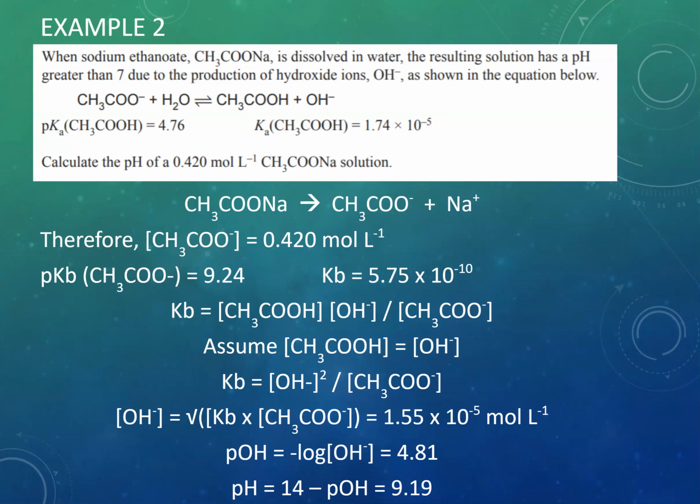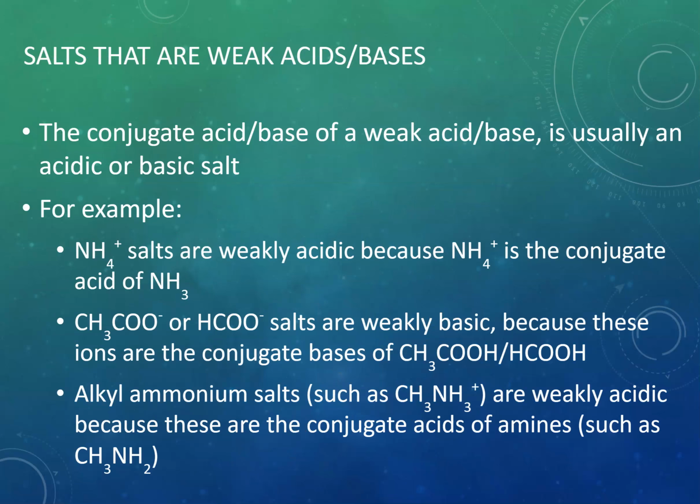Okay, so just one final little note. Quite often, as in the example just provided, there will be a salt. It might be ammonium chloride or sodium ethanoate or something similar.